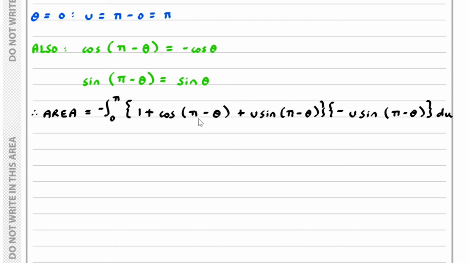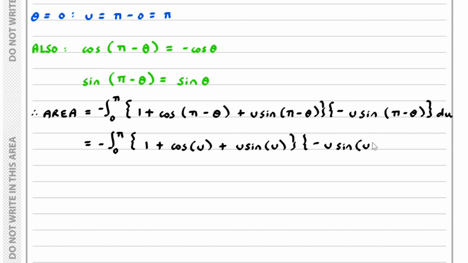So, replacing the pi minus theta with u's as necessary, some of them have already been done. We have minus the integral from 0 to pi of 1 plus cos of u plus u sine u multiplied by minus u sine of u du.